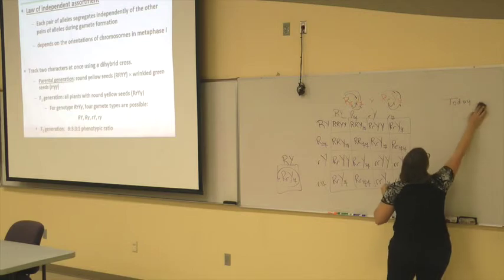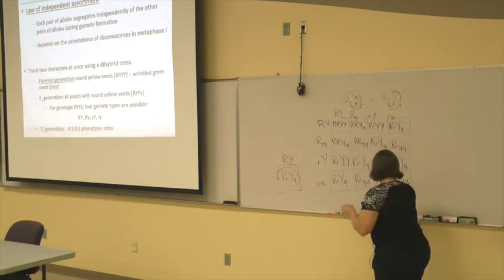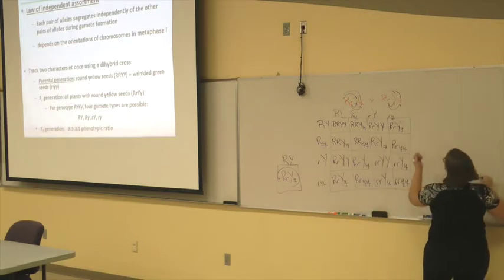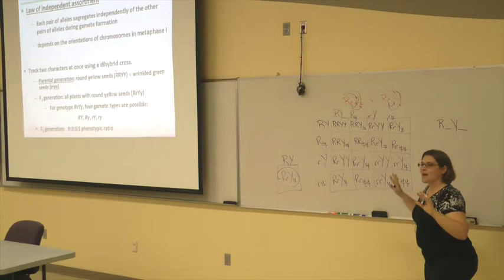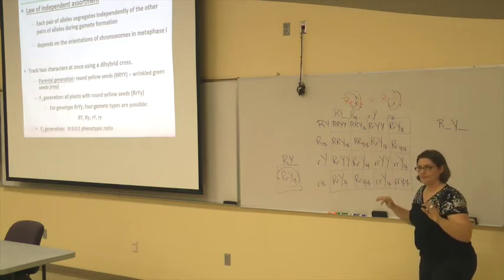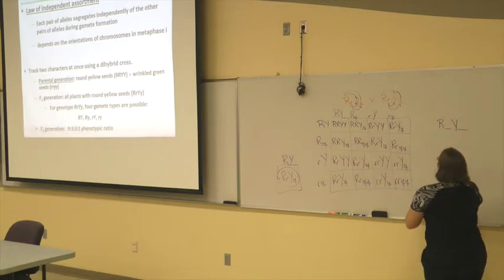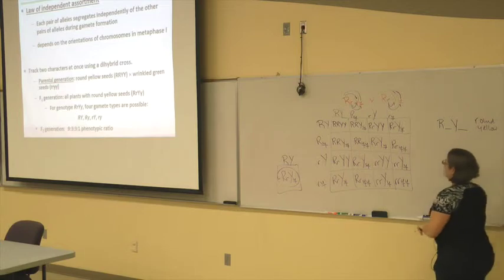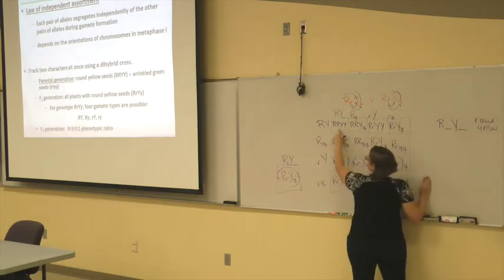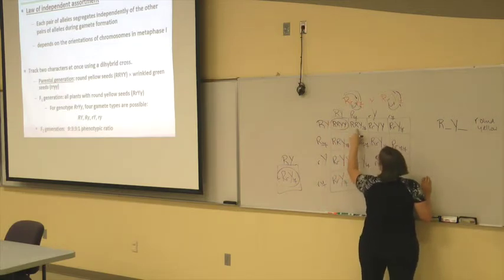So let's look for the 9 out of 16 that are going to have both dominant traits. To have that, they have to have at least one copy of big R and at least one copy of big Y. The second letter does not matter. So we're going to have both dominant traits, which was what? Remember? Round yellow seeds. So let's find them. Does this one work? Yes. What about this one?